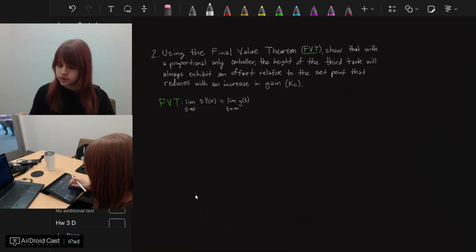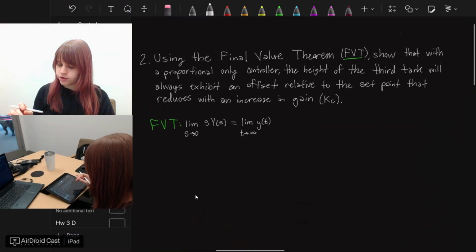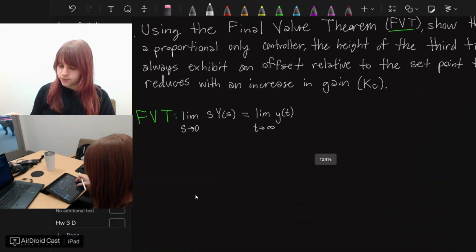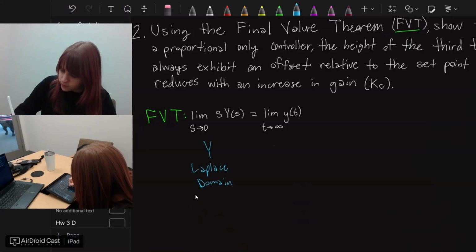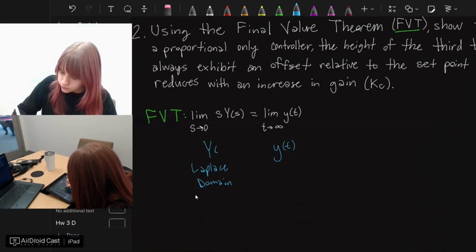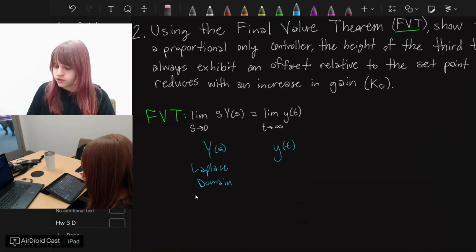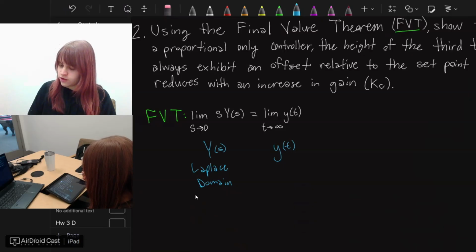And so down here I wrote the final value theorem out, but this y is in our Laplace domain, and this is it prior. Basically, we're switching it from being in terms of t to being in terms of s. So this holds true.